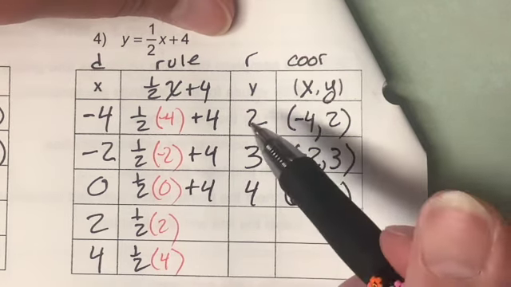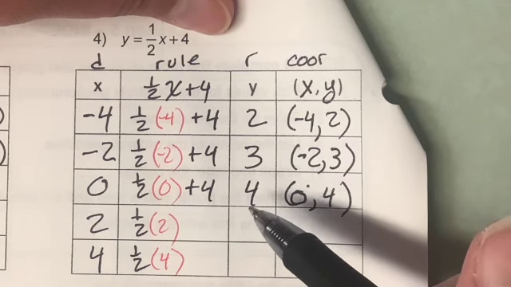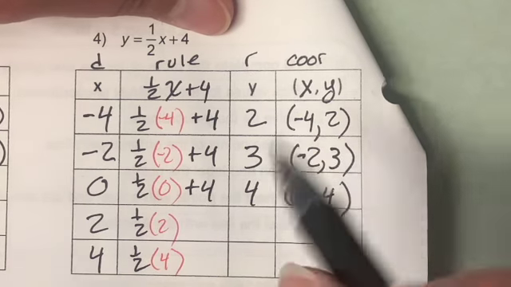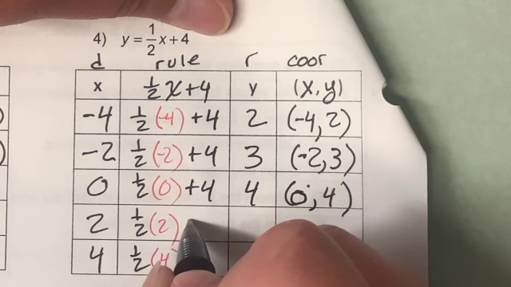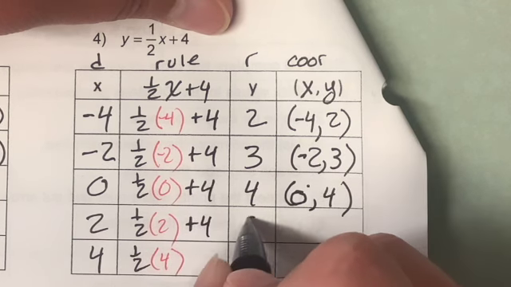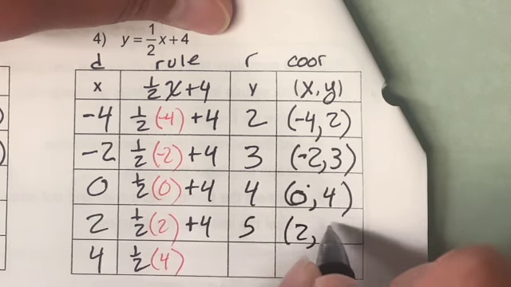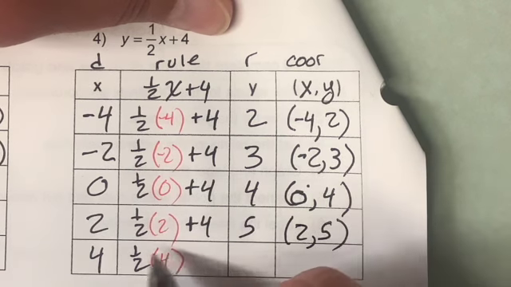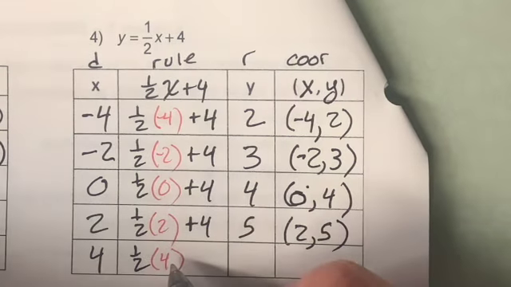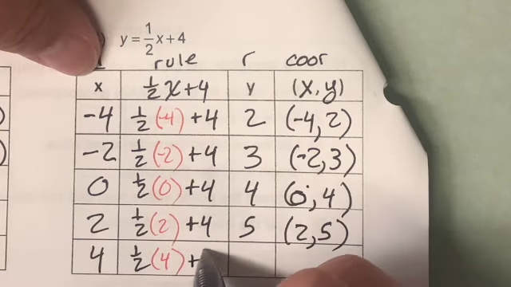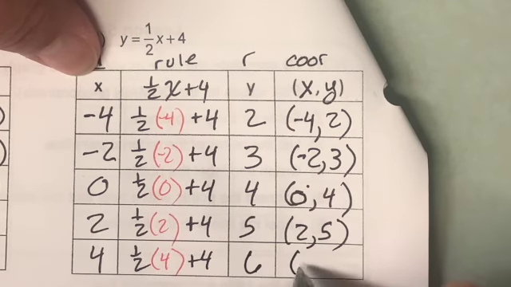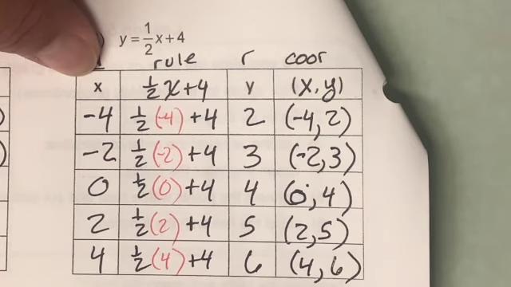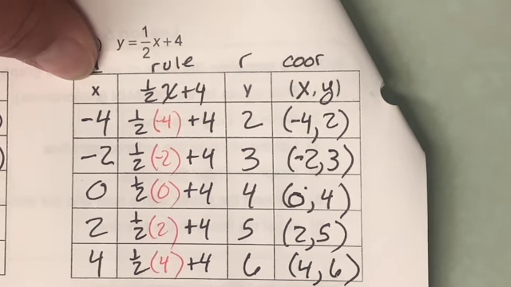Look, they're going up. 2, 3, 4. Interesting. Half of 2 is 1, plus 4 is 5. So 2, 5. And half of 4 is 2, 2 plus 4, 6, and 4, 6. Okay, gonna come down here and graph all those coordinates.